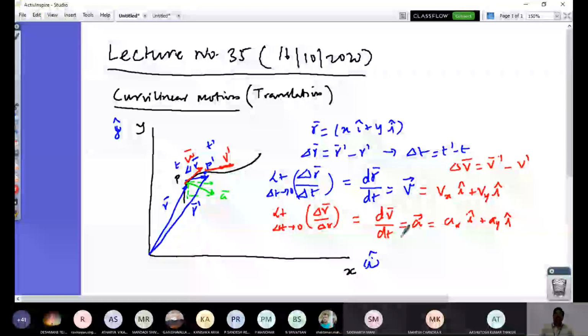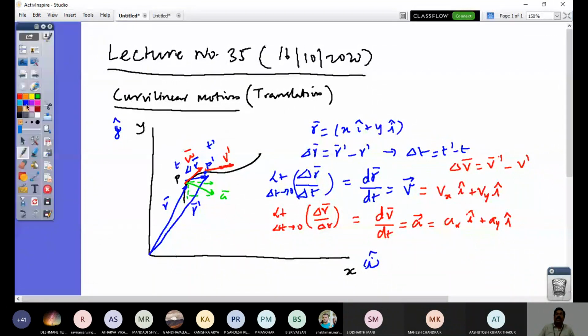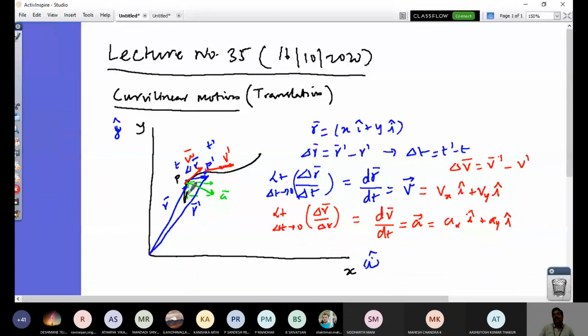This acceleration vector will always be on the curvature side. What do you mean by curvature side? Since the path goes in this way, the center of curvature is somewhere here. This is its center, defined by its radius of curvature rho.